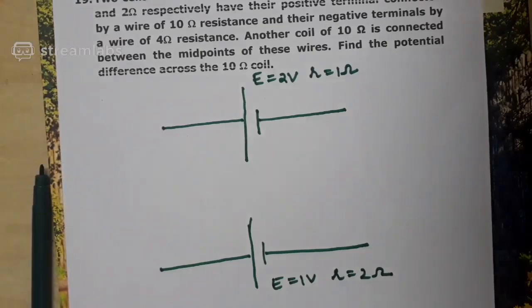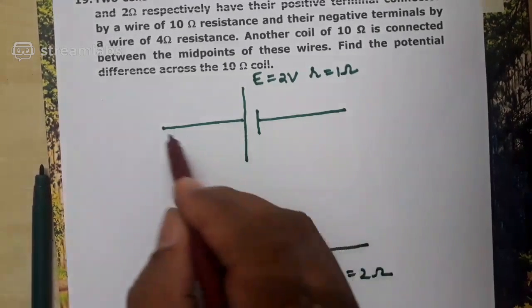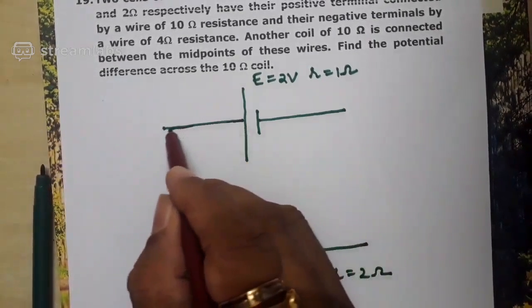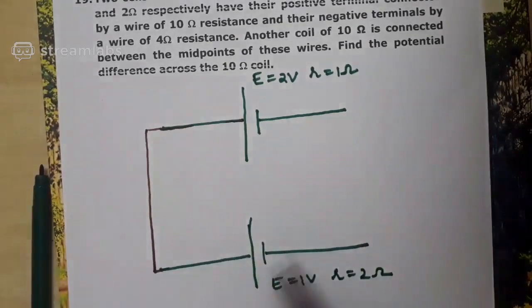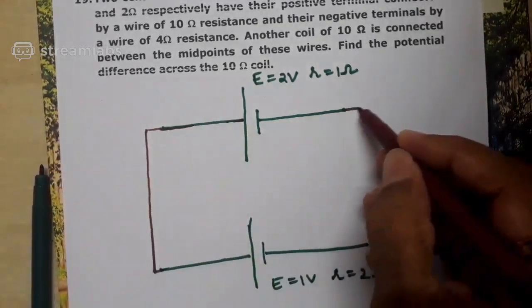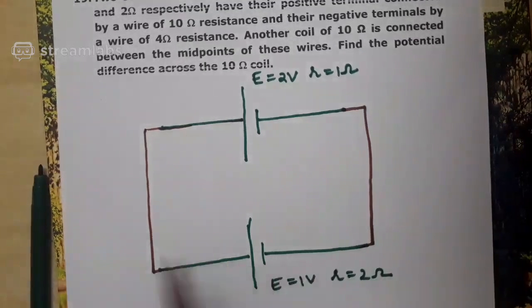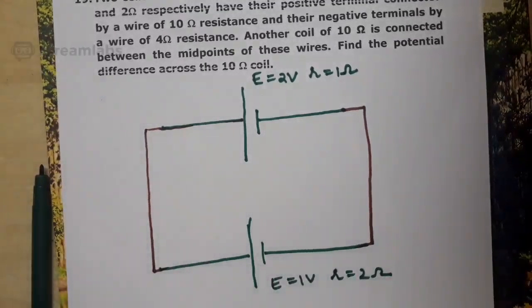What they said in the problem is their positive terminals of the cells are connected by a wire of resistance 10 ohm, totally 10 ohm. The negative terminals are connected by a wire of resistance 4 ohm.